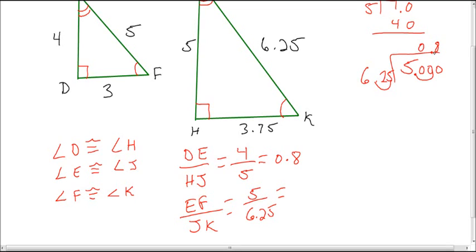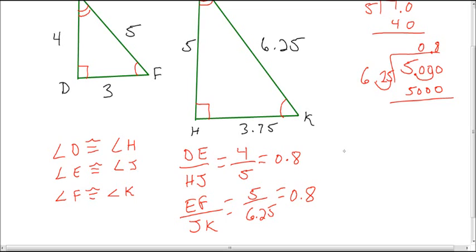And what is 0.8 times 25? Well, actually, that's going to give you 2. So 48 plus 2 will actually give you the 5,000 that you're looking for. Okay. So now, what do we come up with? Again, 0.8. And the third and last one that we need to take a look at is actually DF.